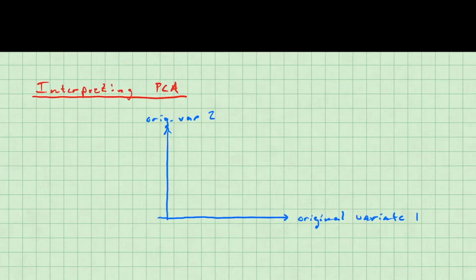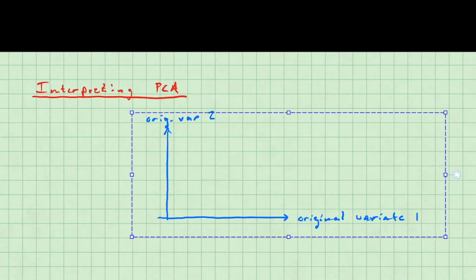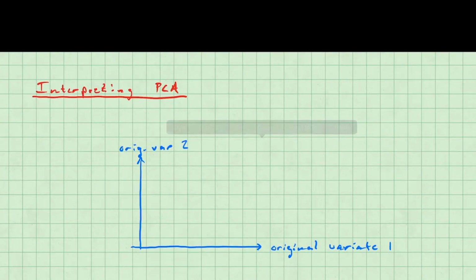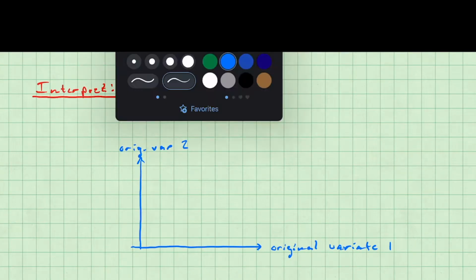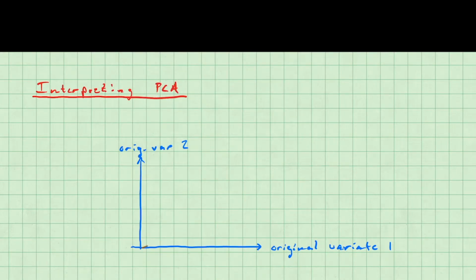So those are the columns of the X matrix in a 2-dimensional case. And then the principal components we can draw on here. And again, this is as if I've centered the data. So this would be like principal component 1 maybe. And principal component 2 would be off like this, perpendicular to it.